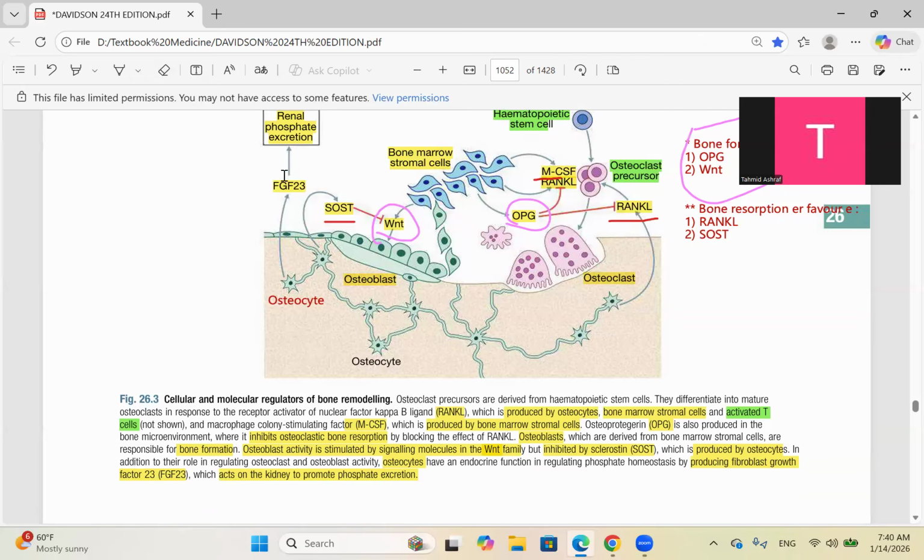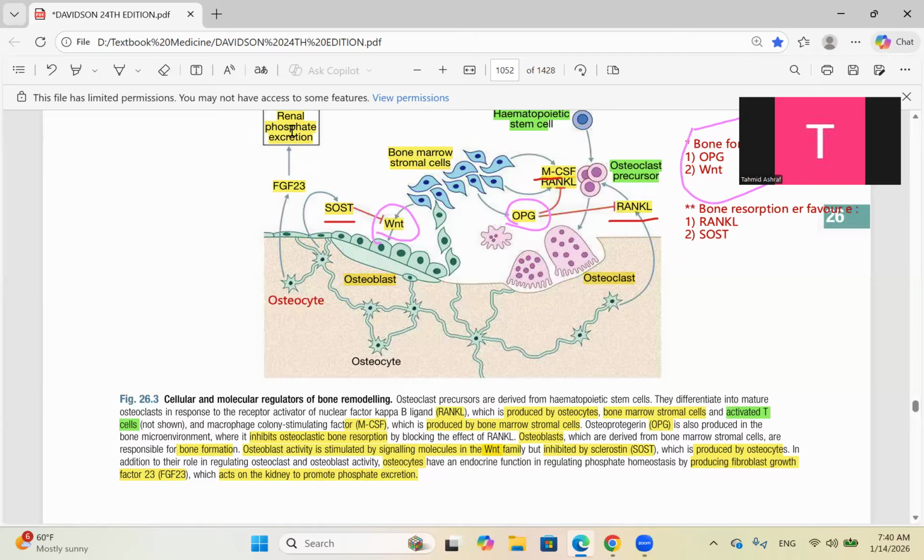We can see another factor, FGF23, fibroblast growth factor 23. These factors are produced from osteocytes. What is its role? This FGF23 goes to the kidney and it causes increased excretion of phosphate. So it causes the kidney to excrete more phosphate.